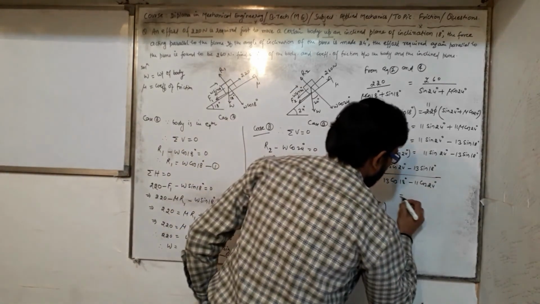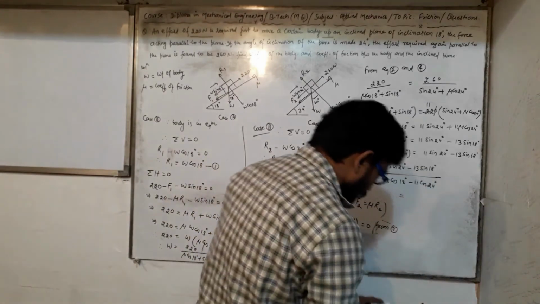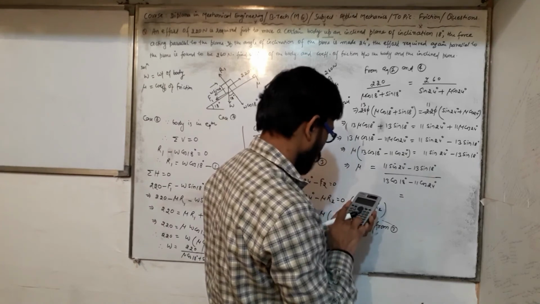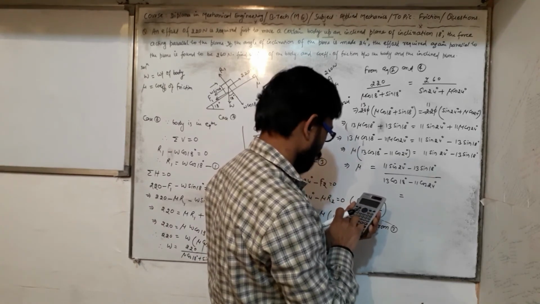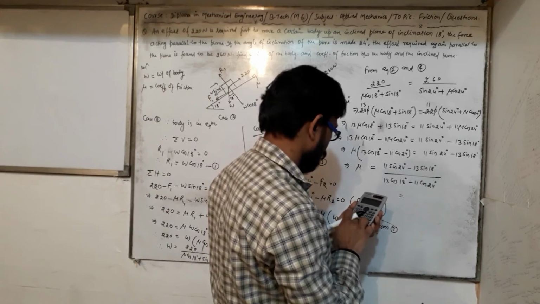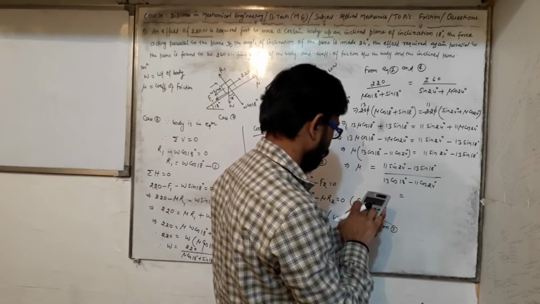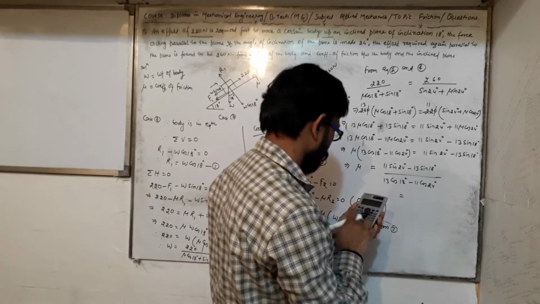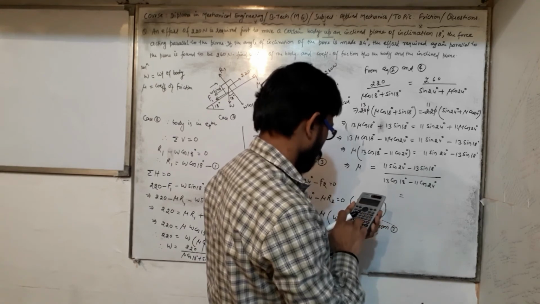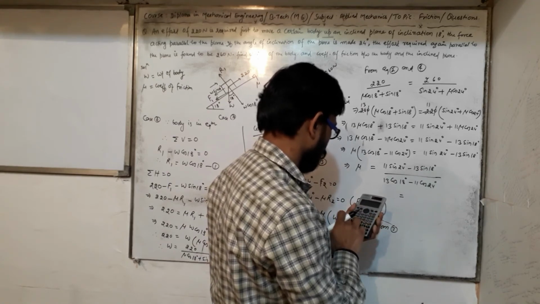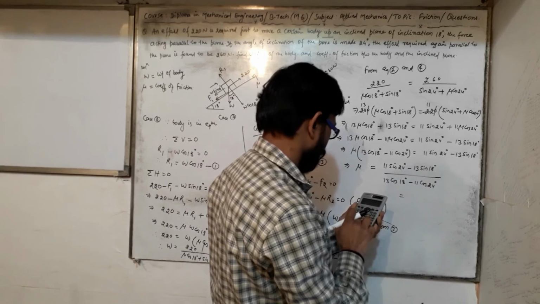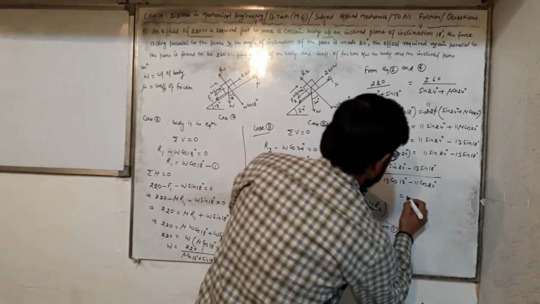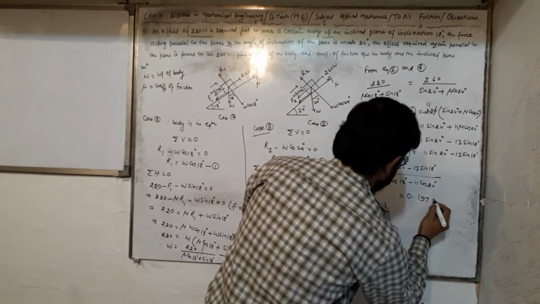If I calculate with the help of a calculator, 11 sin 24 minus 13 sin 18 divided by 13 cos 18 minus 11 cos 24 is 0.197.